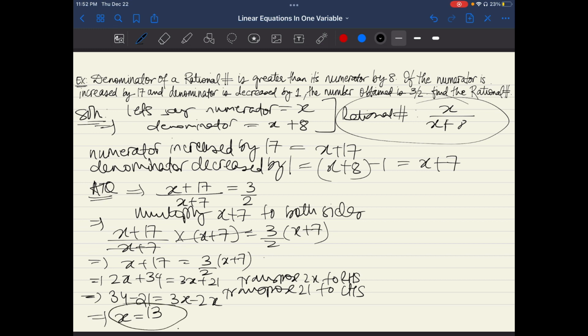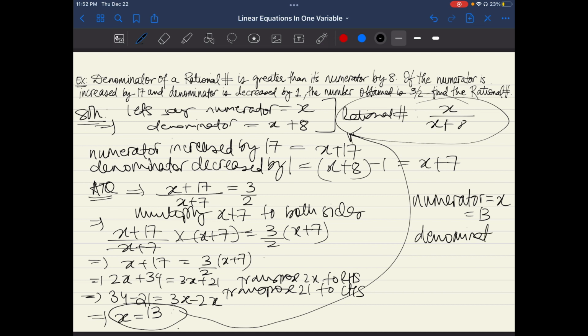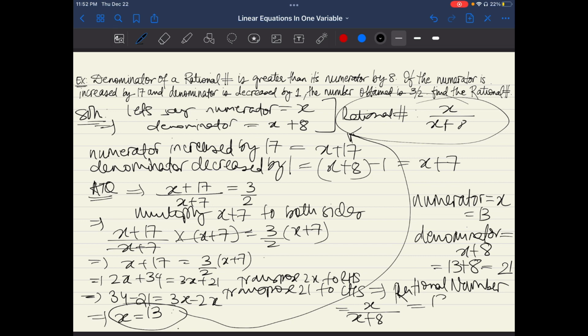And now plugging the value of x back into our original question, we get that the numerator is x, which is 13, and the denominator is x plus 8, which is 13 plus 8, which is 21, which implies our rational number is x over x plus 8, which is 13 over 21.